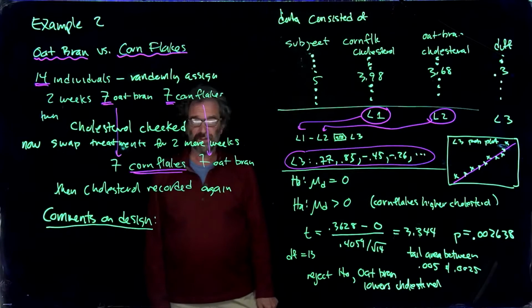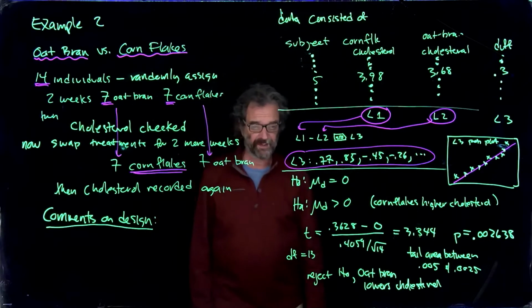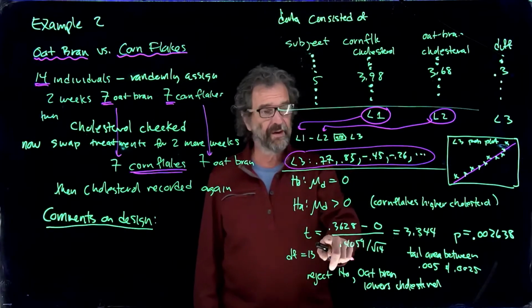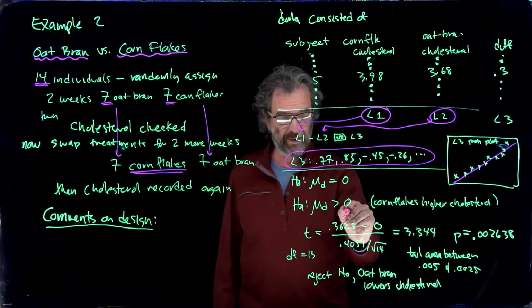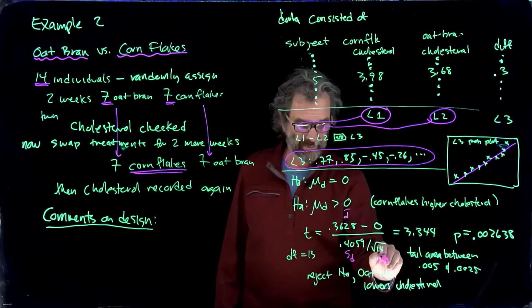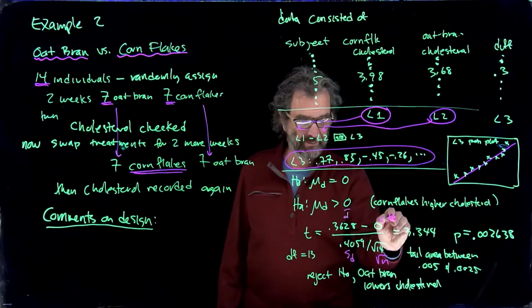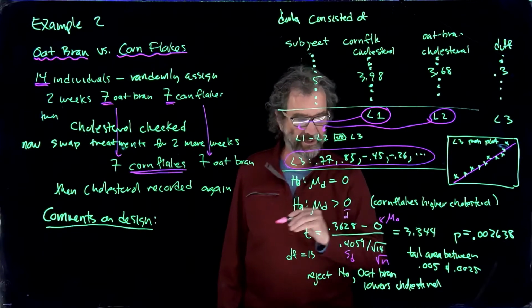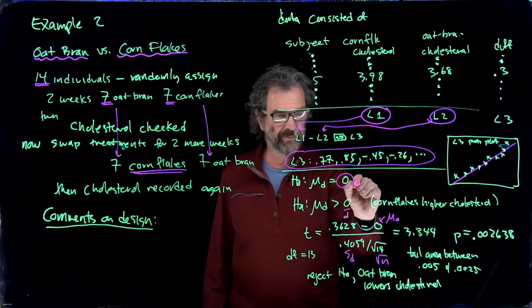All right, so then you go ahead and compute T. I did it in my calculator. We also did it by hand. Here are the values of D bar, SD, square root of n. There is the mean, the null hypothesis mean, this number here.